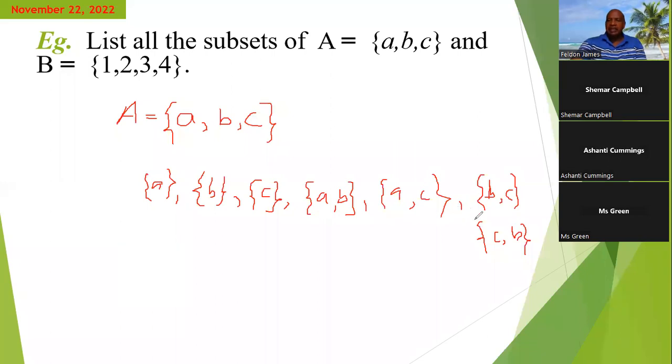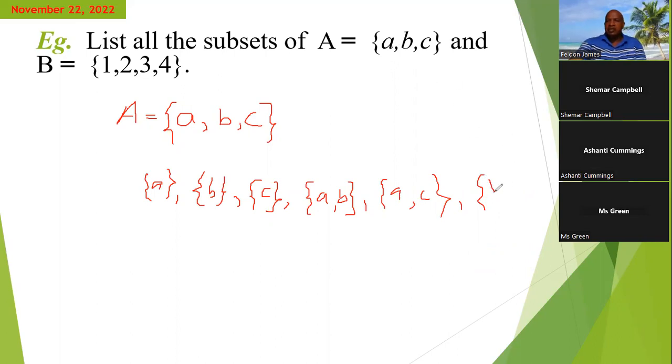BC, right, and clearly they have the same members. Remember, when we talk about equal sets, two sets are equal if they have exactly the same members. It doesn't matter how you arrange them, it is the same set. So we don't repeat sets.